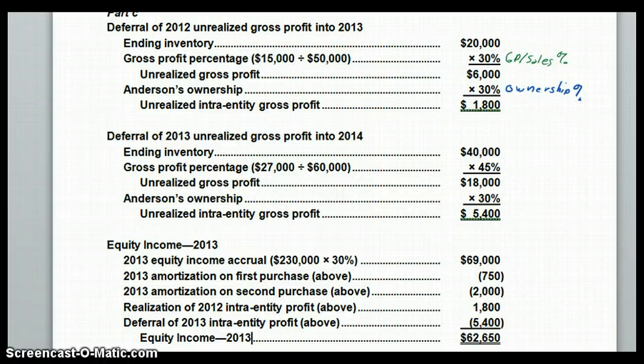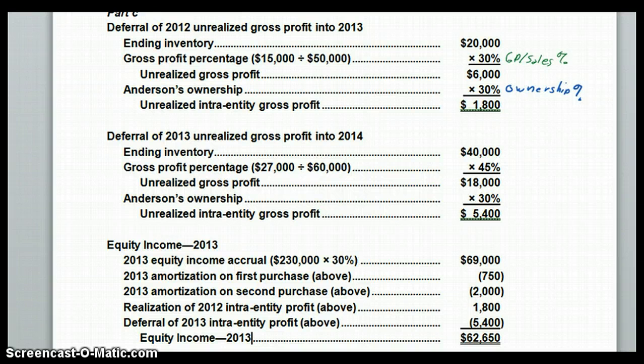So Andersen's portion of that $6,000 intercompany profit is $1,800. We would defer that in 2012, and we would recognize it when the 2012 inventory is sold in 2013.